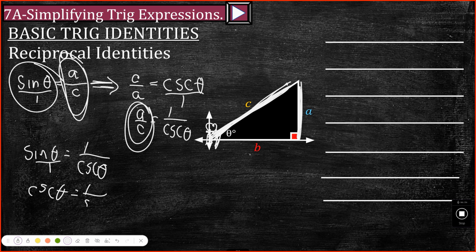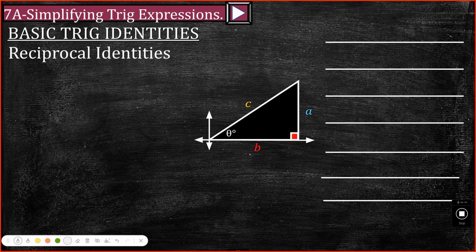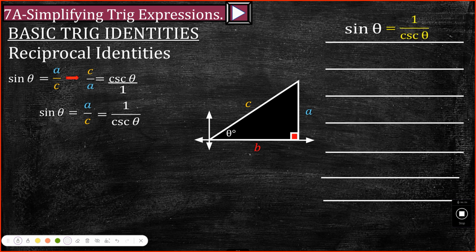In any case, this is true. Sine theta is A over C, and if I flip it, it gives me cosecant theta. Too redundant.